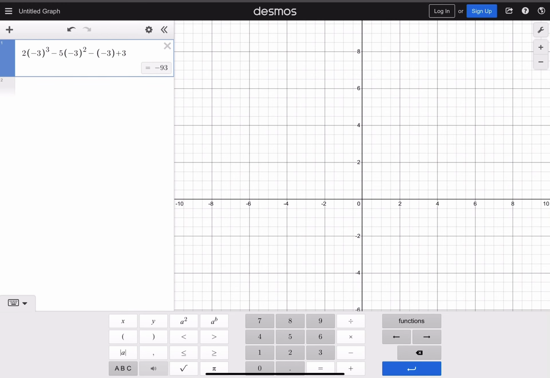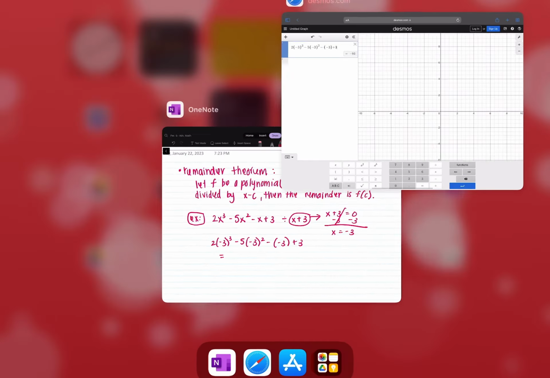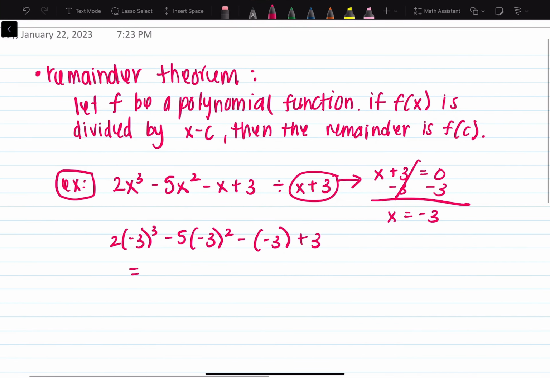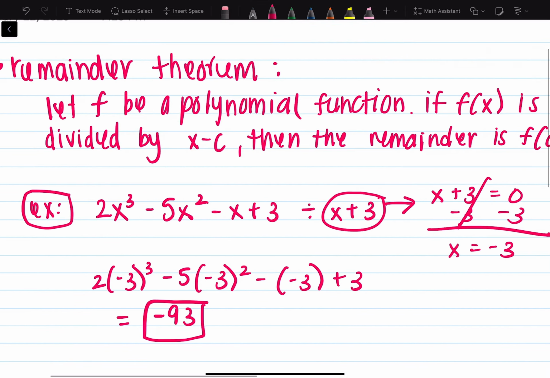And what did we get as our answer? Negative 93. So all of this evaluates to negative 93, which tells us that is the remainder when we divide these two polynomials.